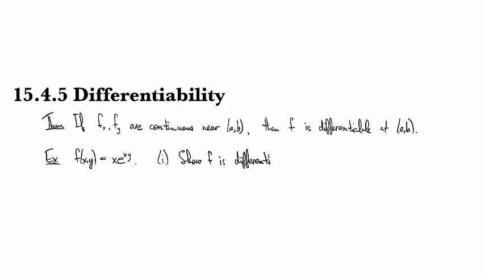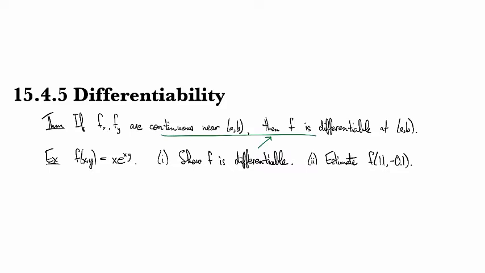And for that, we'll use this handy theorem, which will give it to us. And then for the second part, we will estimate the value of f at some location 1.1, minus 0.1.